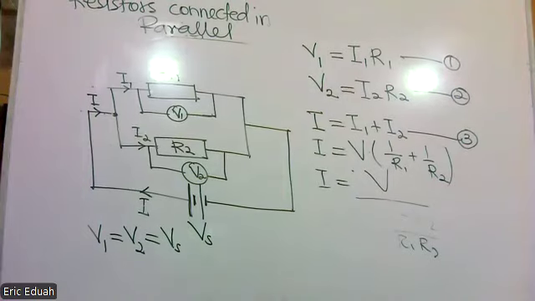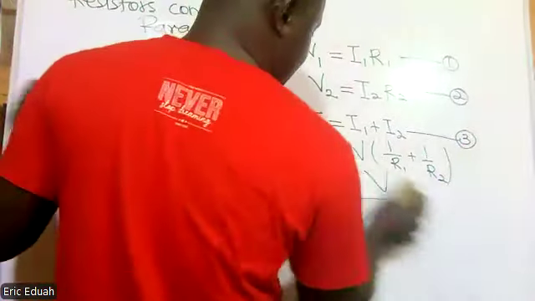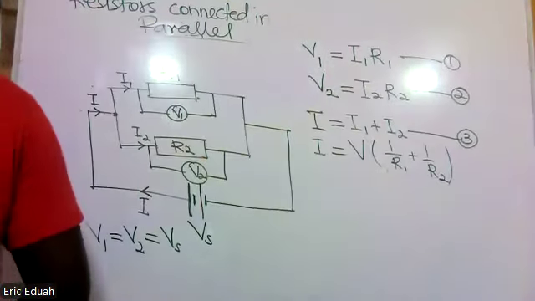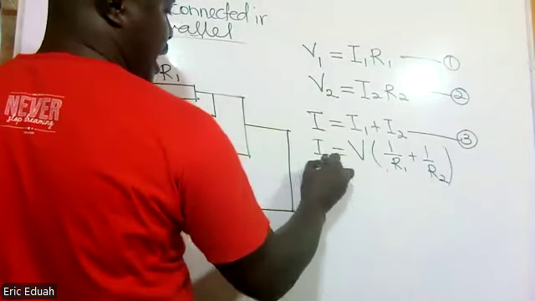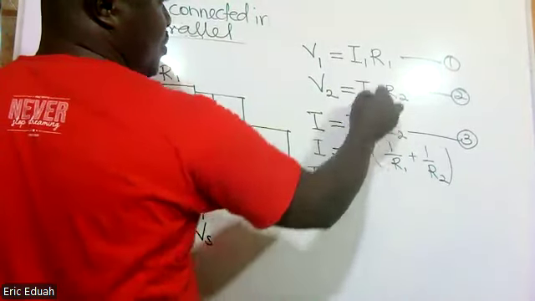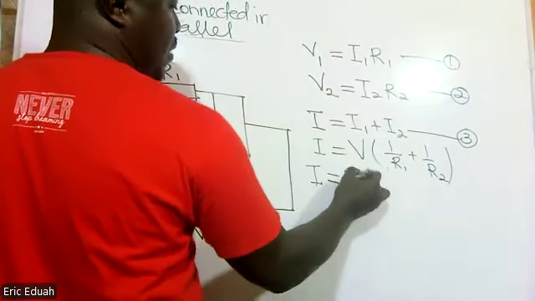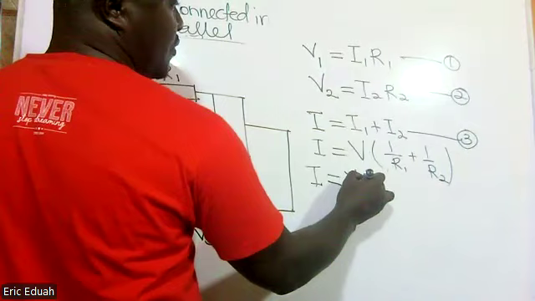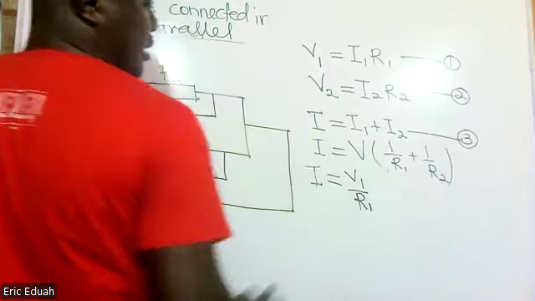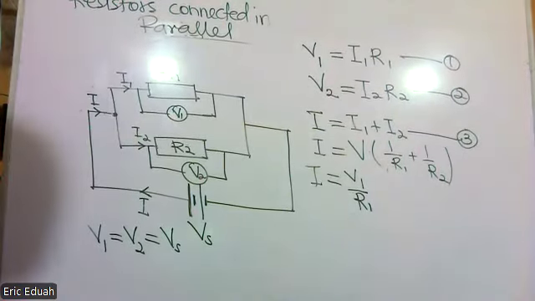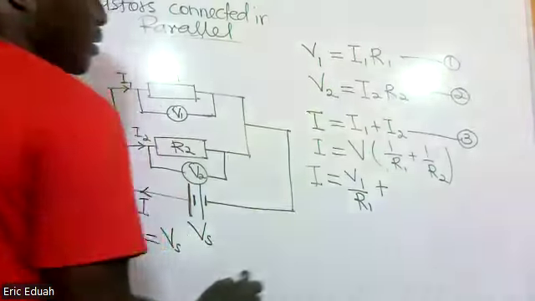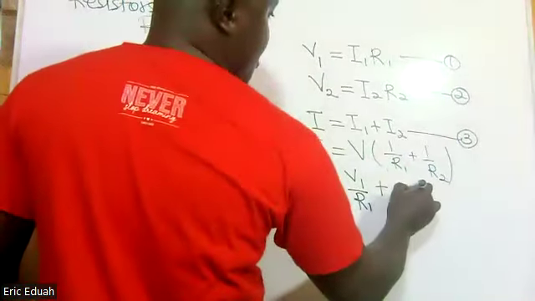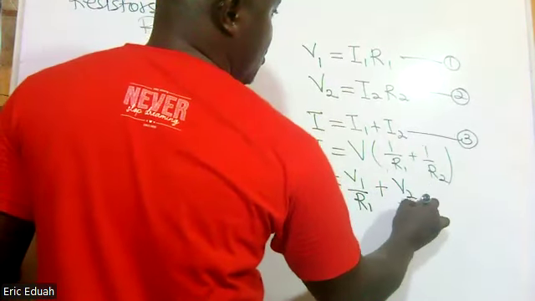Okay, let's take it step by step. So I think I asked you to make I1 the subject and substitute it into equation 3. So I will be equal to, if you make I1 the subject here, you have V1 over R1 plus V over R2.